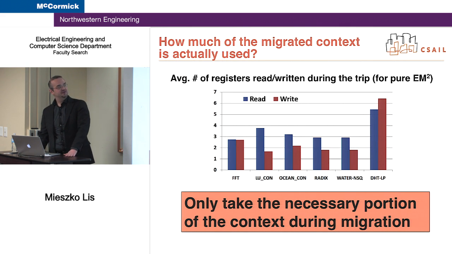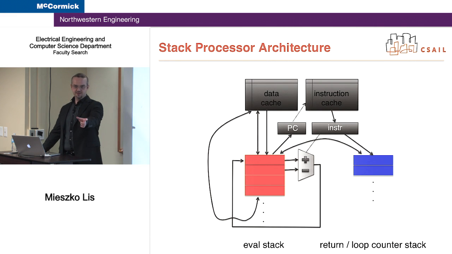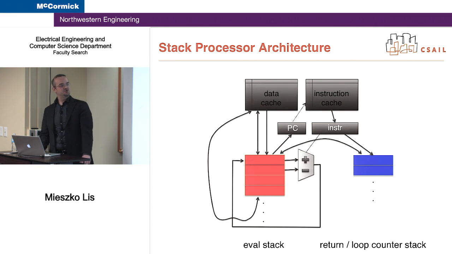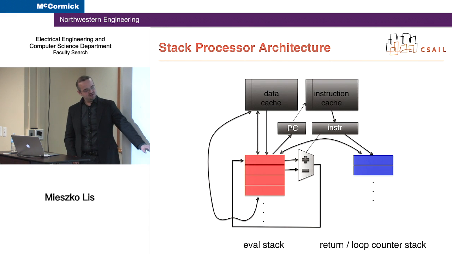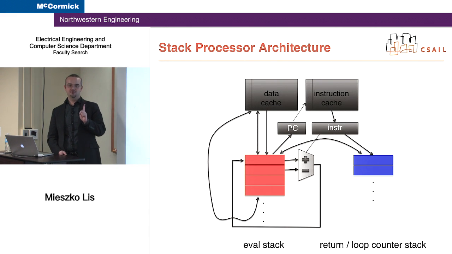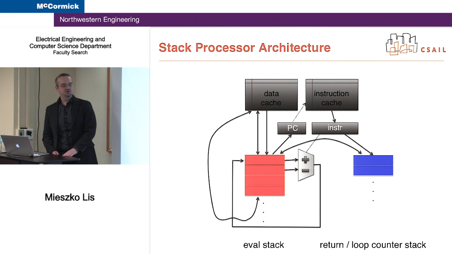So our trick solution to this, in this particular chip implementation, has been to just implement a stack machine architecture instead. The advantage here is that if you're going to migrate a part of the context, you only need to choose one number: how many stack entries you're going to migrate.